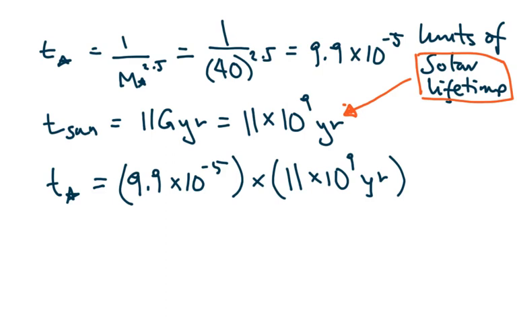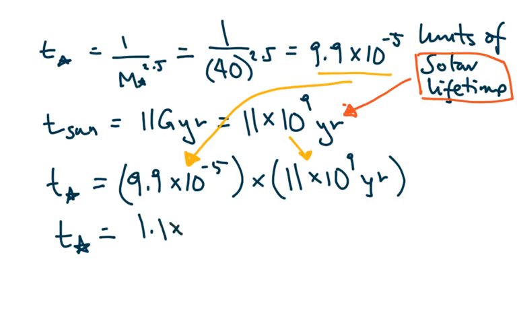So we take the lifetime of the Sun, and we multiply it by this scaled value that we calculated earlier. And what we're left with is that the lifetime of the O6 star in years is this product, 1.1 times 10 to the 6 years, or equivalently 1.1 million years.